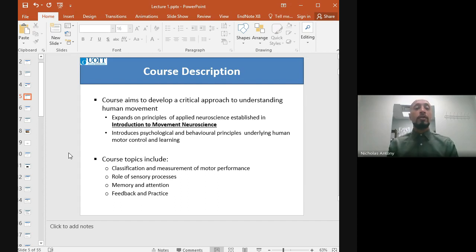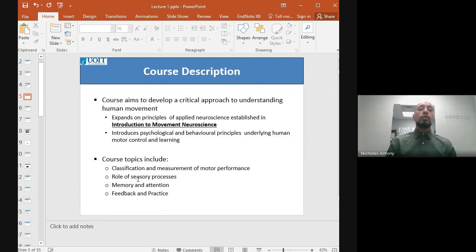So the course breakdown is into 4 different basic components, 2 motor control and 2 motor learning components. We are first going to understand the classification and measurement of motor performance, and that is your ability to perform a motor skill. By being able to classify and measure, we're able to do studies, and that's how we develop a knowledge base in a particular field.